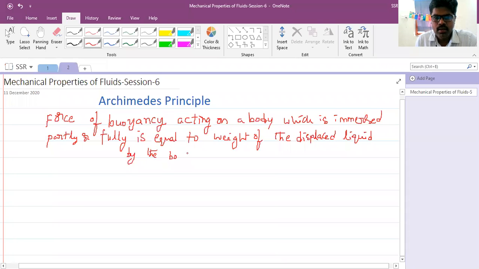Okay. So this is about Archimedes principle. Force of buoyancy acting on a body which is immersed partly or fully is equal to the weight of the displaced liquid by the body.